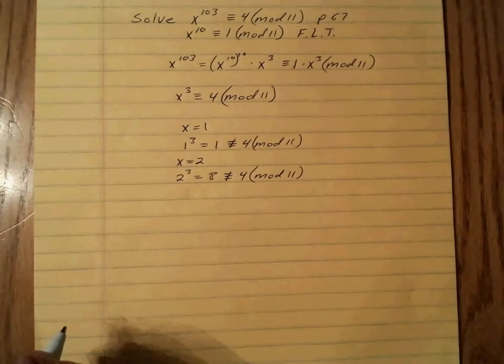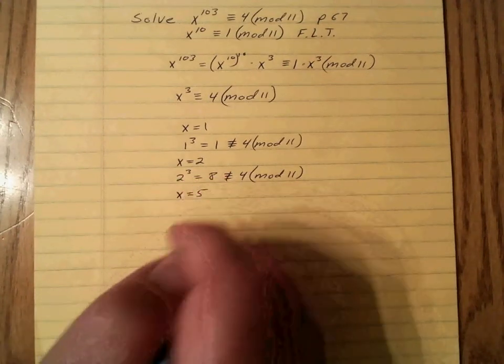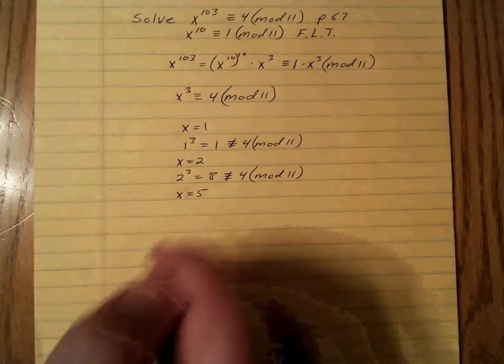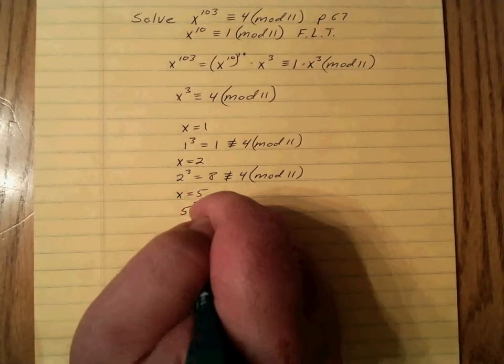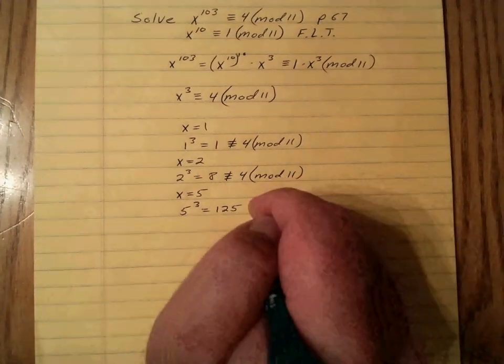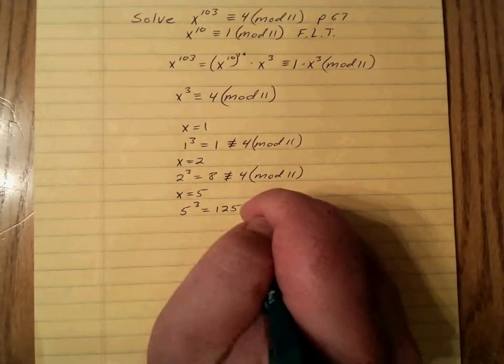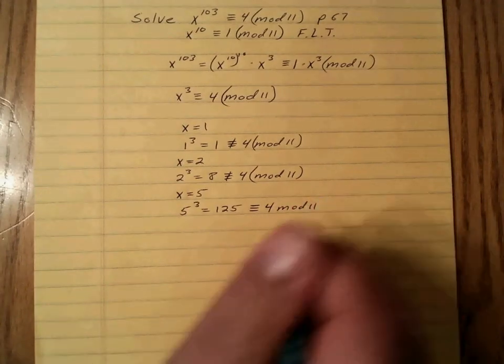We could continue doing this, but I'm going to go down and pick x to the 5th power, and when I take x to the 5th power, this is going to give me 5 cubed, which is equal to 125. And what we're going to find out is that this is actually congruent to 4 mod 11.